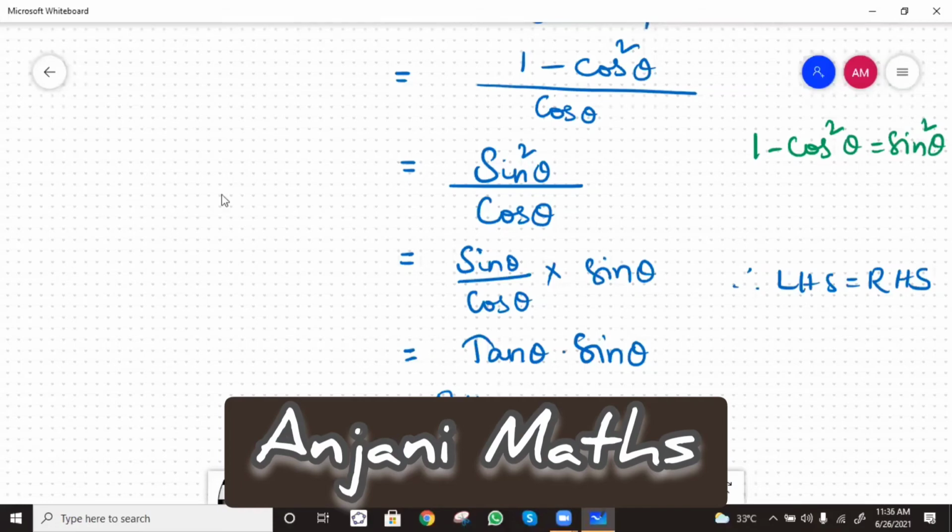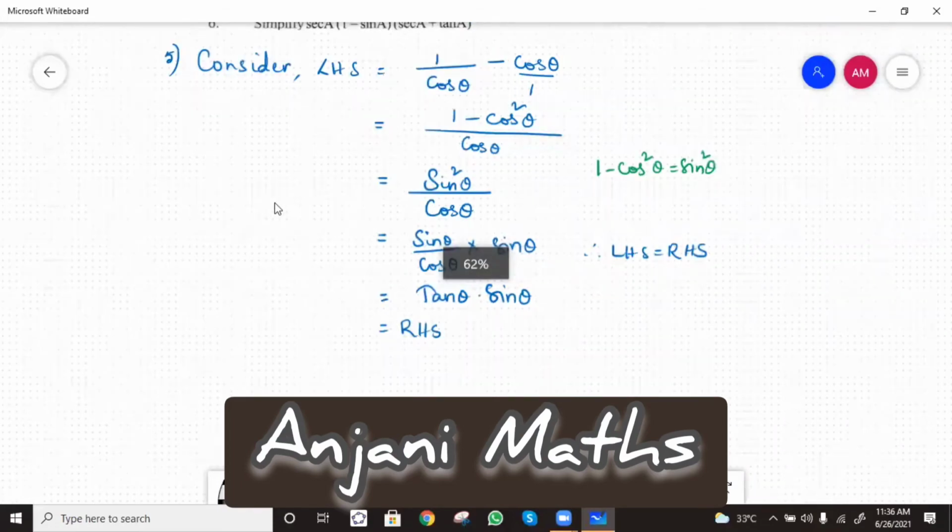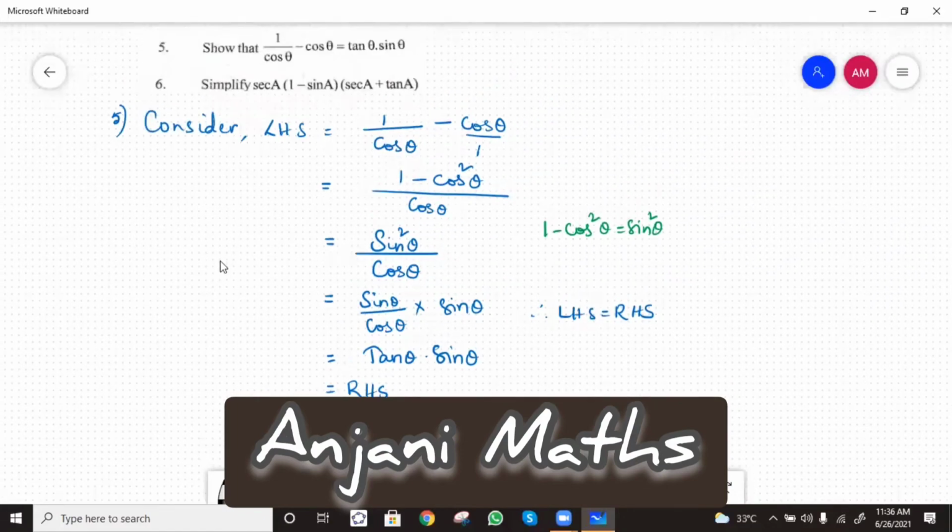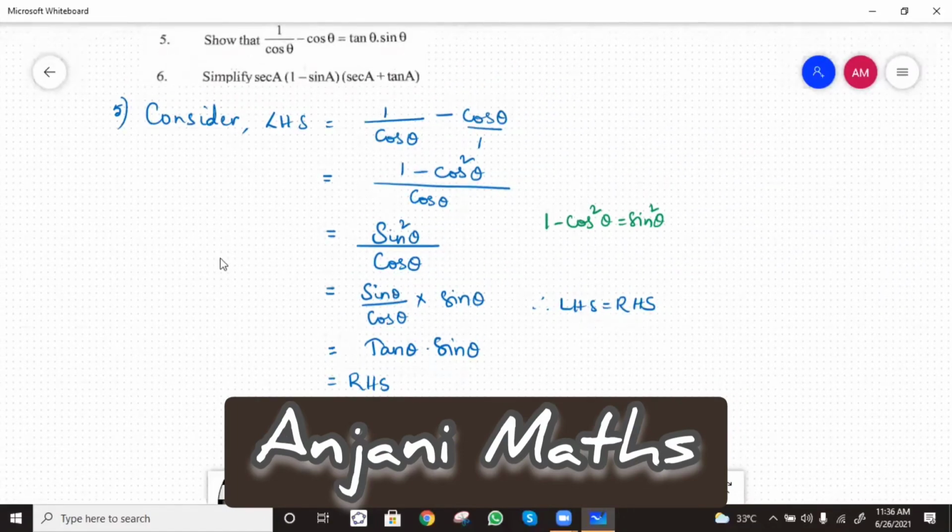Clear? So let us observe this problem once again. Show that 1 by cos theta minus cos theta equal to tan theta into sin theta. So we have taken cos theta as cos theta by 1. LCM is cos theta. So we get (1 minus cos square theta) by cos theta. By first trigonometric identity, what is 1 minus cos square theta? Sin square theta. In the denominator, we have cos theta.